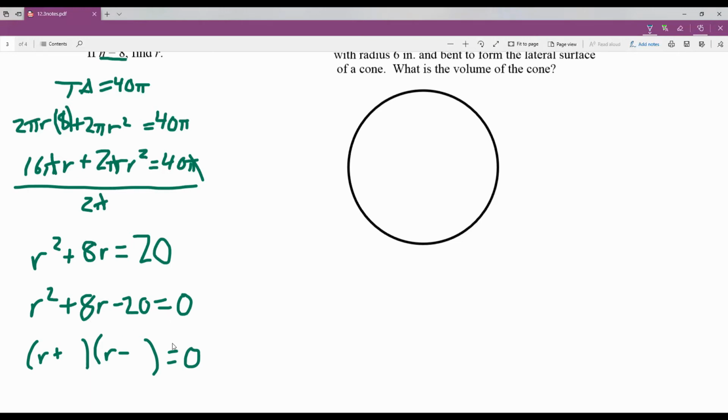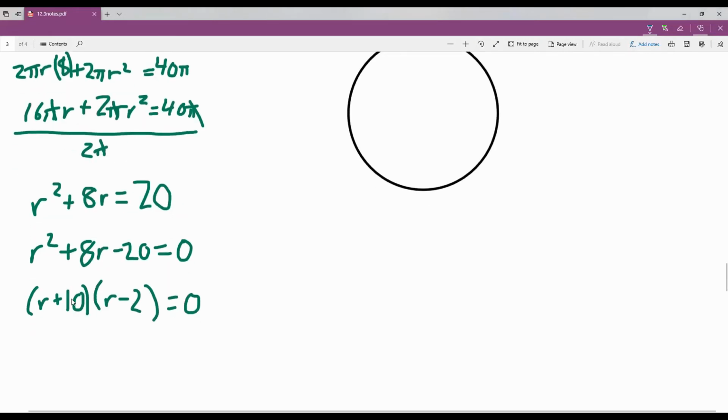So I'm thinking 2 and 10. So it's going to have to be +10 and -2. Okay, so I factored, so I can check it real quick. 10 times -2 is -20, 10 plus -2 is 8. All right, works out. So in the end, my r is equal to -10 or r is equal to 2.